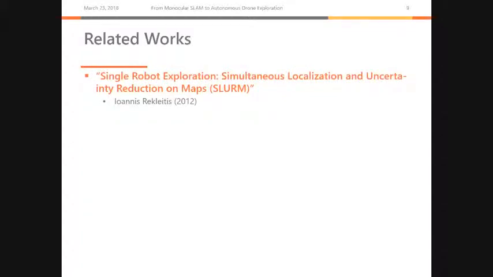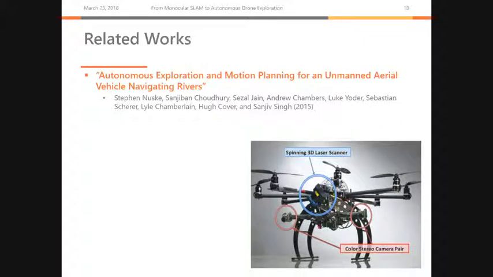Also, there's another type of exploration, which cares about reducing the uncertainty of the map instead of gaining information. Okay, so this is the general kind of exploration that we have, and from now on, I'm going to talk about the type of exploration specifically for drones.